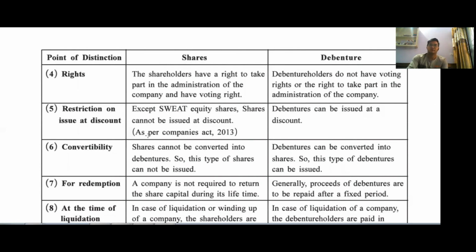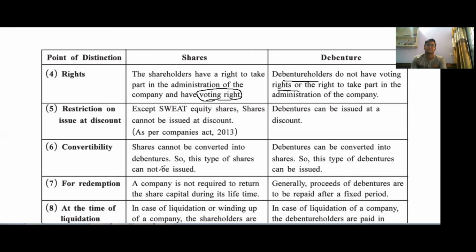Point number 4, shareholders have a right to take part in the administration of the company and have voting rights. But debenture holders do not have any voting rights because the shareholders are the owners, so owners have voting rights, but debenture holders are outside the company like creditors, so they don't have voting rights.